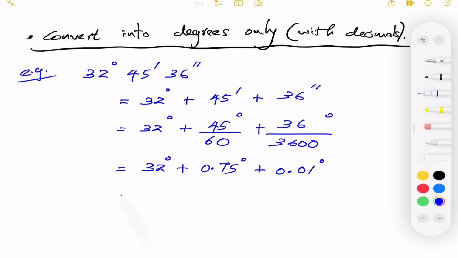All right, now we can do the simplification. Our answer is equal to 32.76 degrees. That's the final answer.